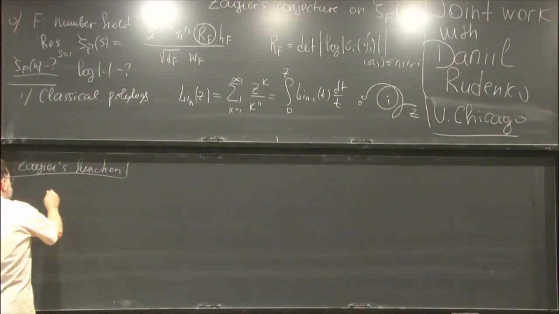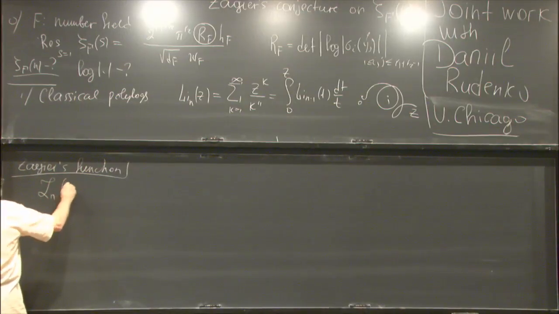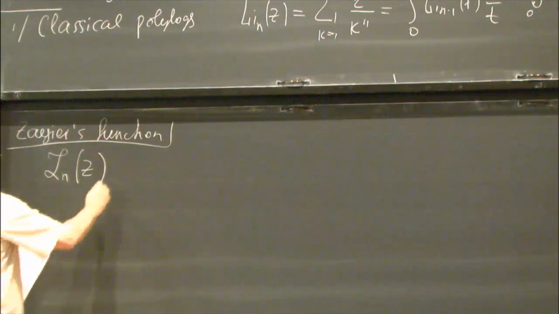So you write it as L_n of z. It will be a single valued function.